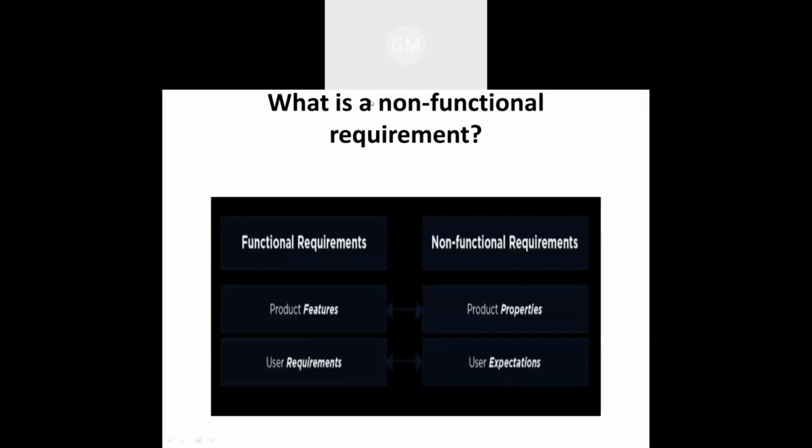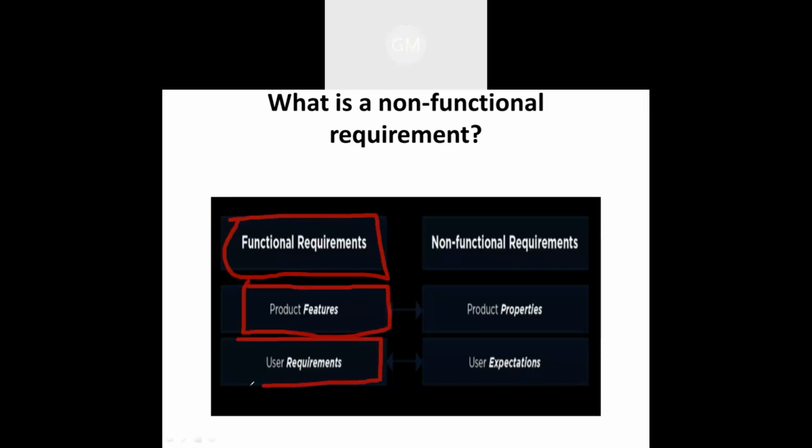So next one is, what is the main difference between the functional and non-functional requirements? You can say that the functional requirements mainly deal with the product features. It is going to consider the user requirement and product feature.